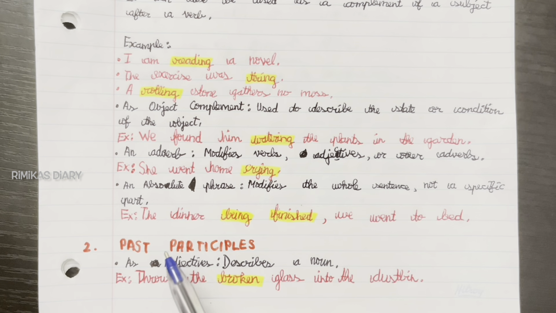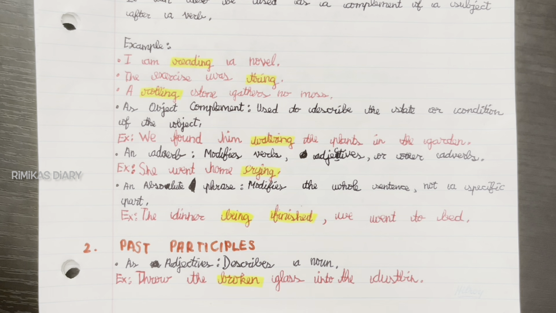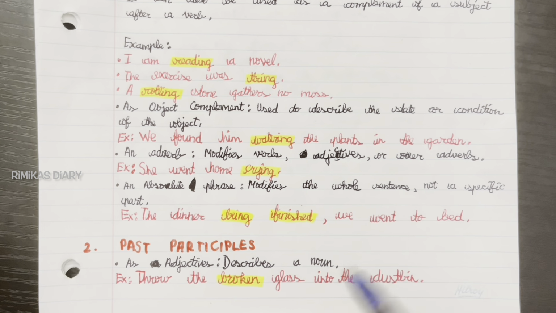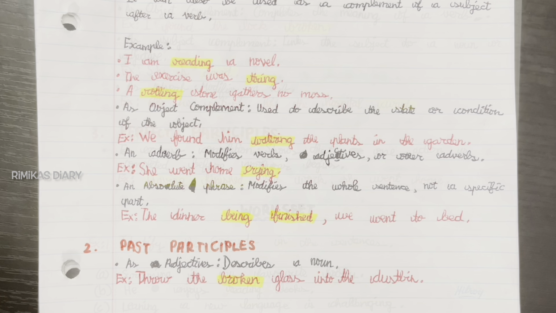So next, past participle as adjectives. It describes a noun. Example, throw the broken glass into the dustbin. Here, glass is the noun and broken is a past participle which is used as an adjective, describing glass.